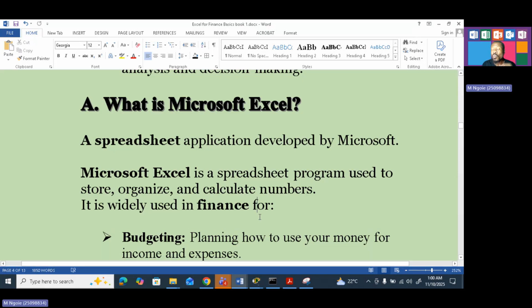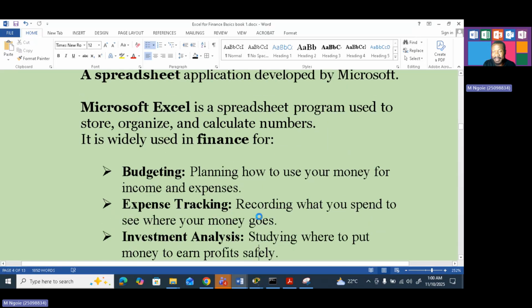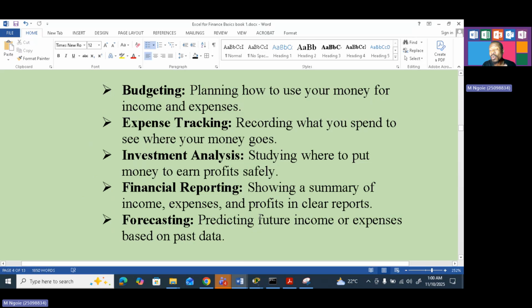Now, why do we need Excel in finance, right? What does Excel do in finance? Number one, it's for budgeting, right? We're going to use Excel in finance for budgeting. Remember, what does budgeting mean?